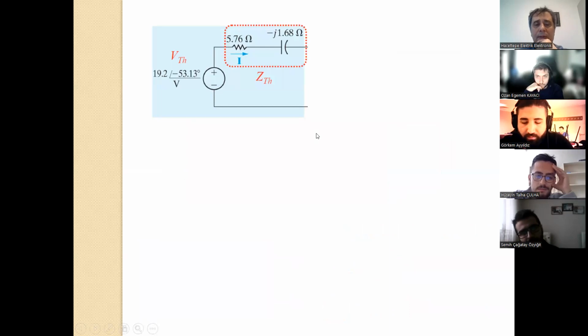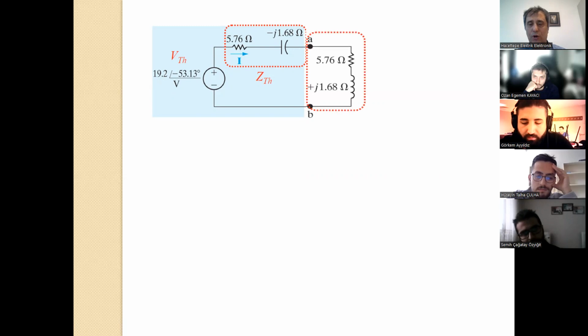Look, this is the Thevenin equivalent. I'm just going to place all the known information in the equivalent circuit. Now I'm going to connect the load to the circuit for the maximum average power transfer. You agree?